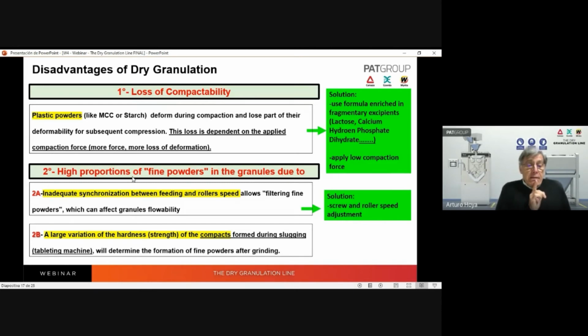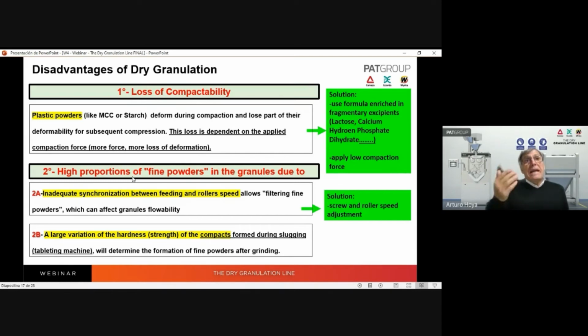The case 2B is for the case of slugging, so in the tableting machine. And in this case, in the slugging, a large variation of hardness strength of the tablet or the compact will determine the formation of fine powder after grinding. Let me say this. Remember, in the slugging, the pressure applied is not constant, it's irregular, with high variability. Why?